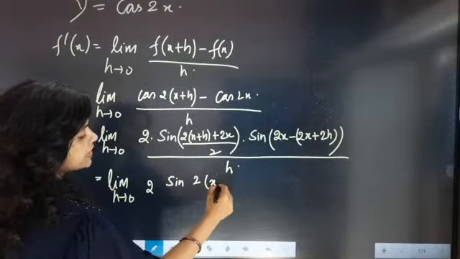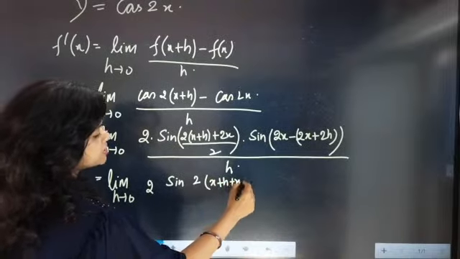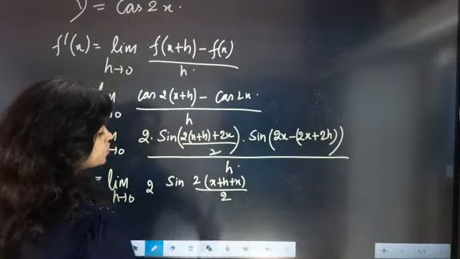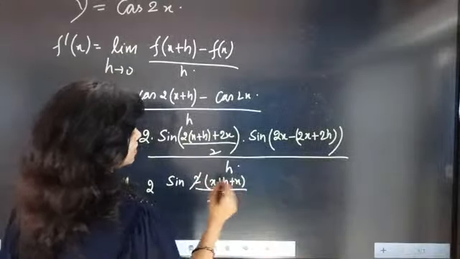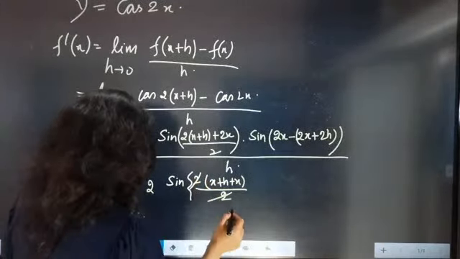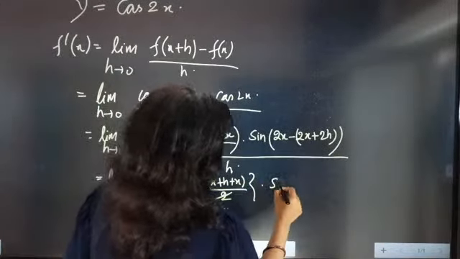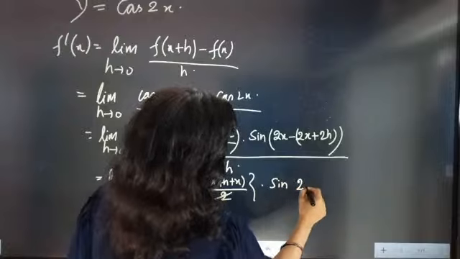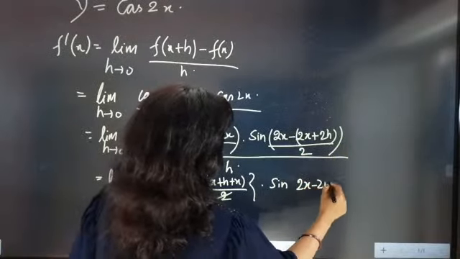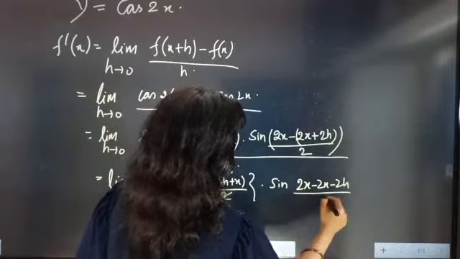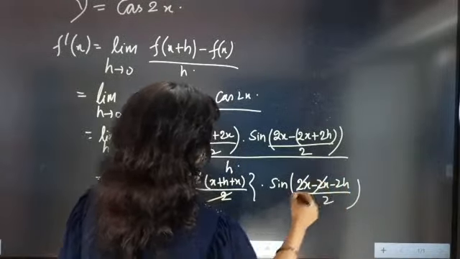It will become x plus h plus x by overall 2 will come here. So this 2 and 2 will get cancelled. Into sine, it will become 2x minus 2x minus 2h by 2. So first this and this will get cancelled.